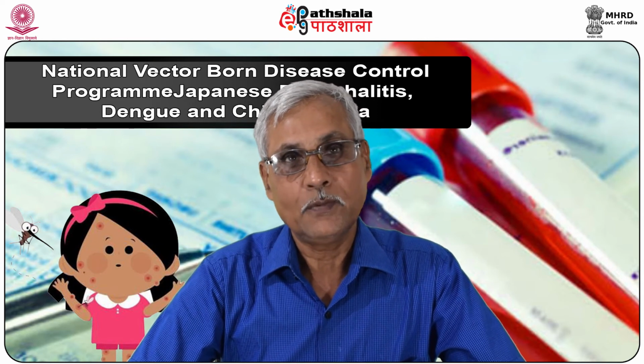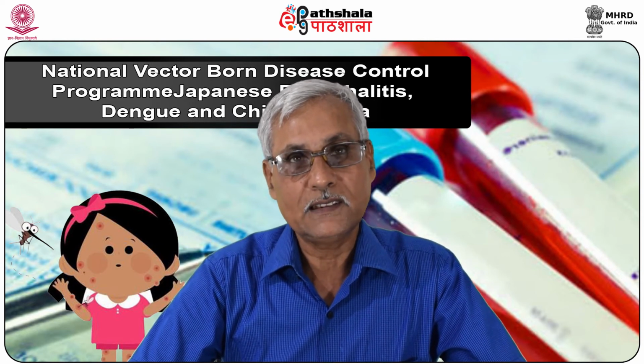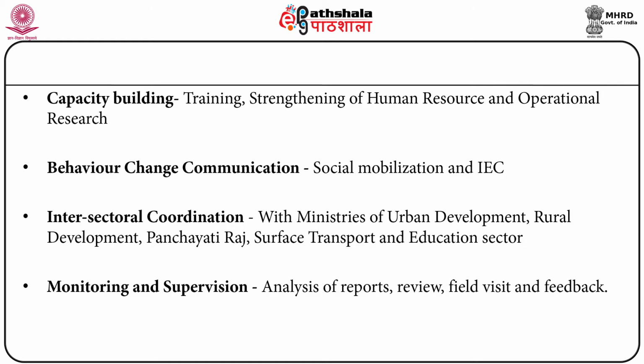Certainly, since it is a day biter, efficient clothing in terms of full trousers and full shirts, and other personal protective measures, may help in prevention of the occurrence of dengue.